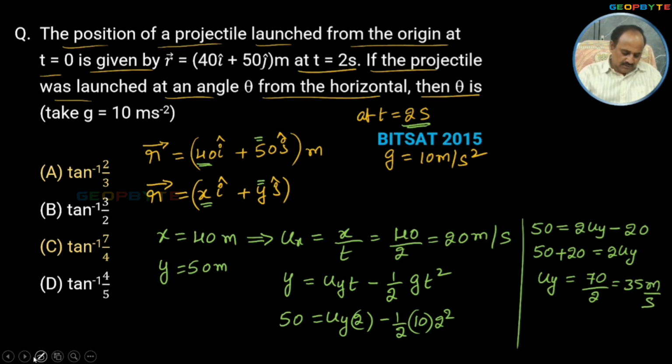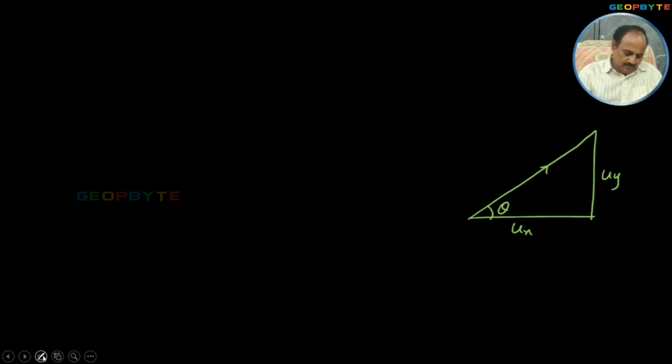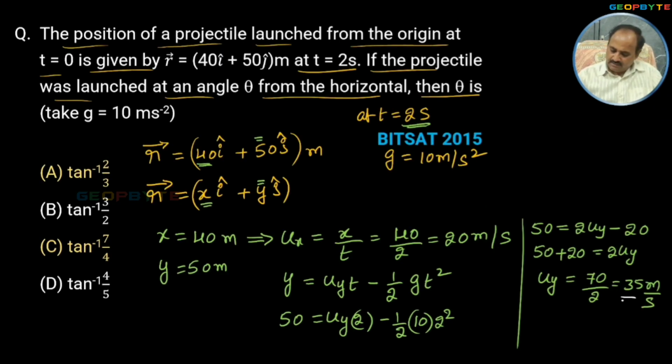Okay. Then, as you know, this is the ux, the horizontal component of velocity. This is the vertical component of velocity for the projectile motion. That is representing the resultant velocity, and this is the angle. From that, I can conclude that tan theta equal to uy by ux. Look at the uy value, 35.